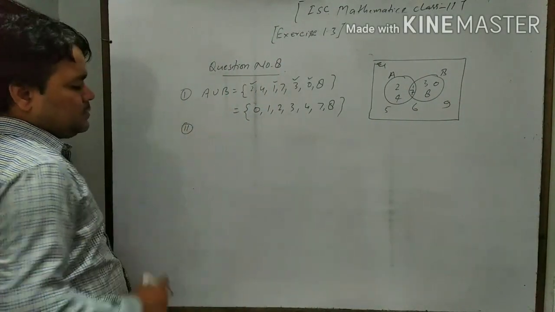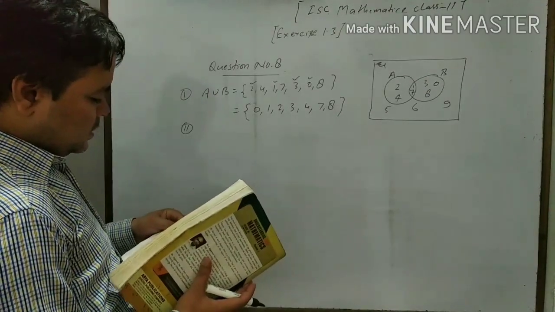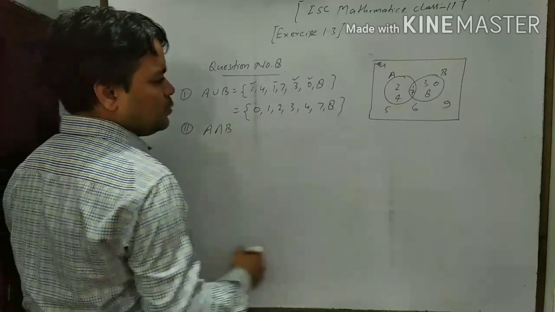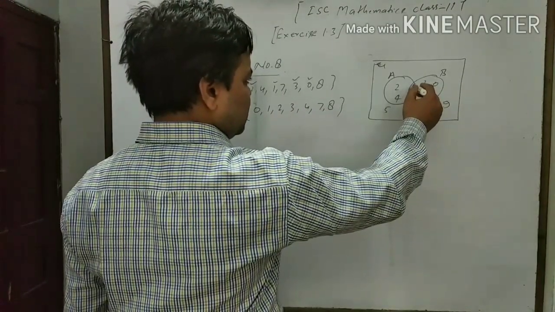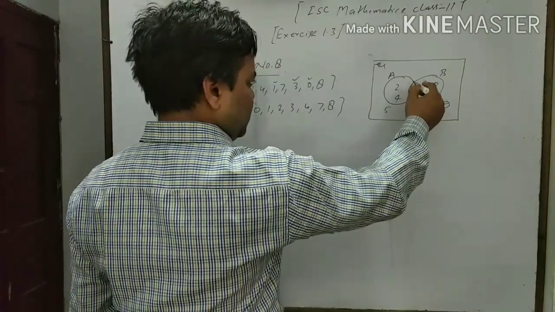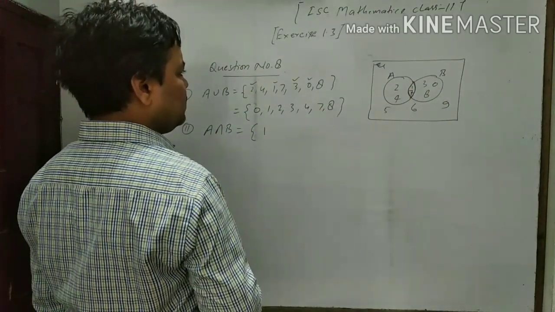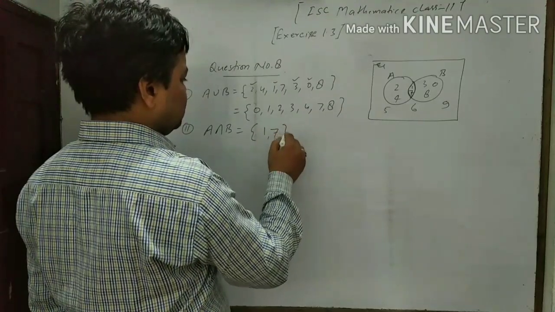Now the second part of this question is A intersection B. You know that this represents A intersection B. A intersection B means what? 1 and 7.